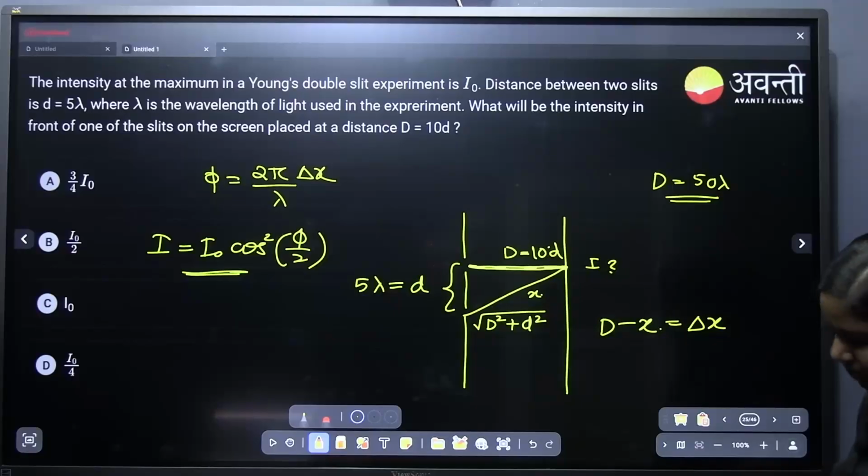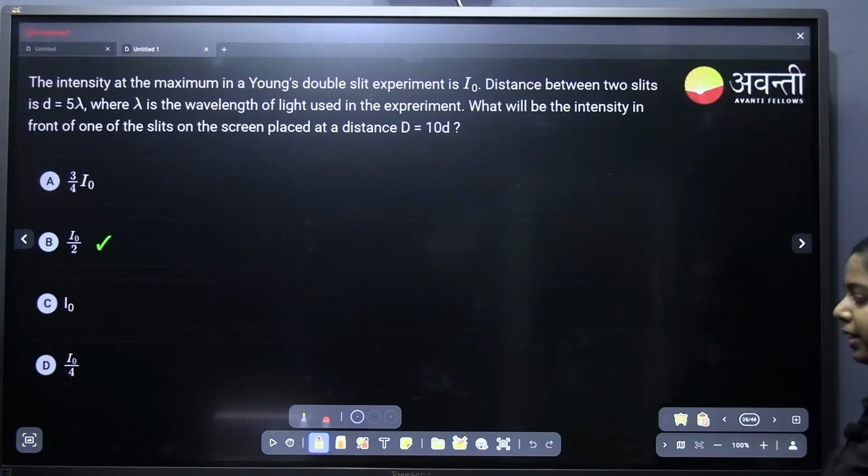Is there any doubt? Okay, answer is option B, I naught by 2.